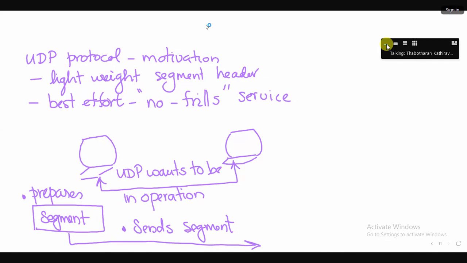So this is the destination machine and this is the source machine. At the source it prepares this segment and sends it.